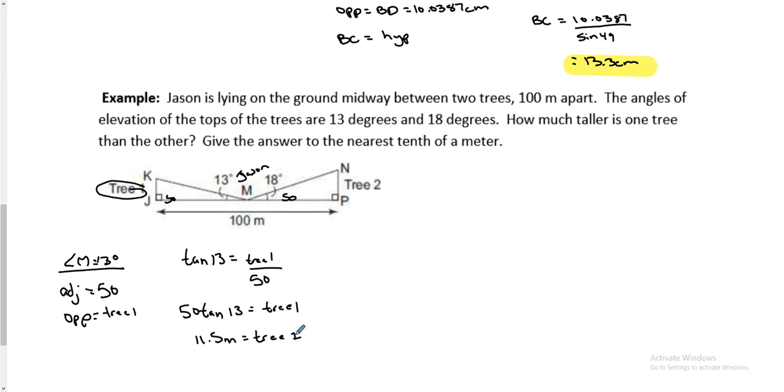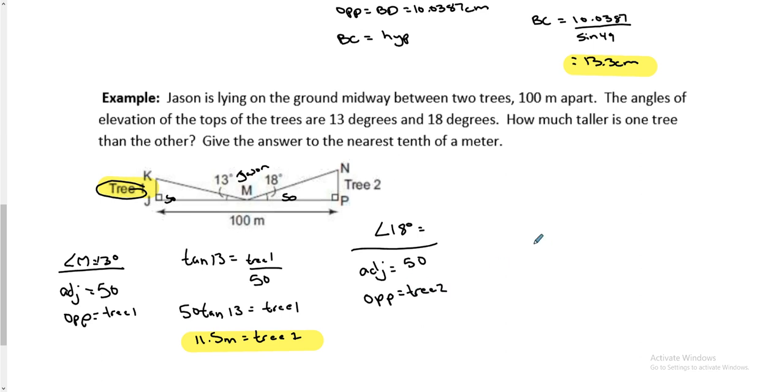Okay, that tells us one height. That gives us here, tree 1. Let's find tree 2. So, tree 2, looking at this, we have angle 18. Our adjacent is 50 again, and our opposite is tree 2.